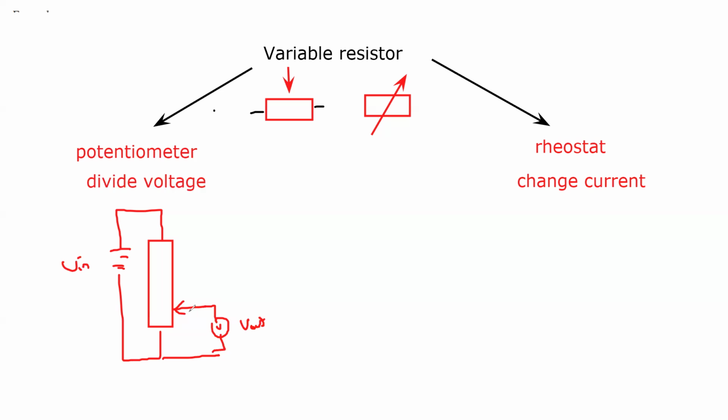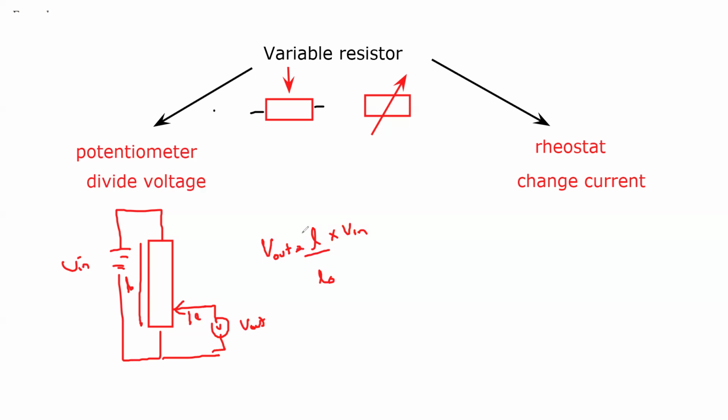So this section length and this is the total length, L and L0, we take a ratio. So V output will be equal to the length of that section divided by the total length, times V in.